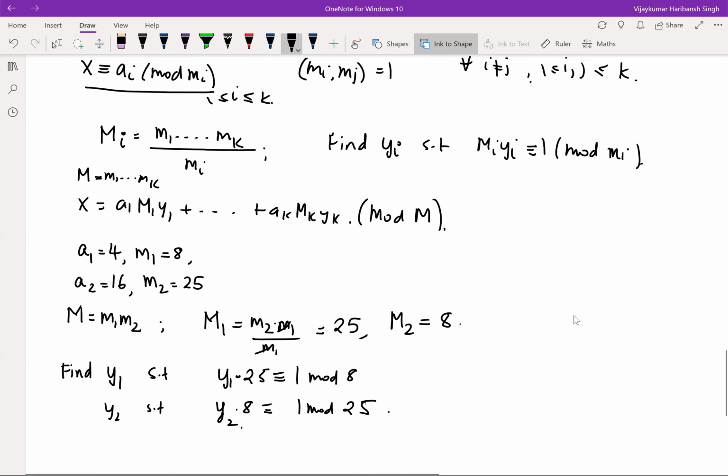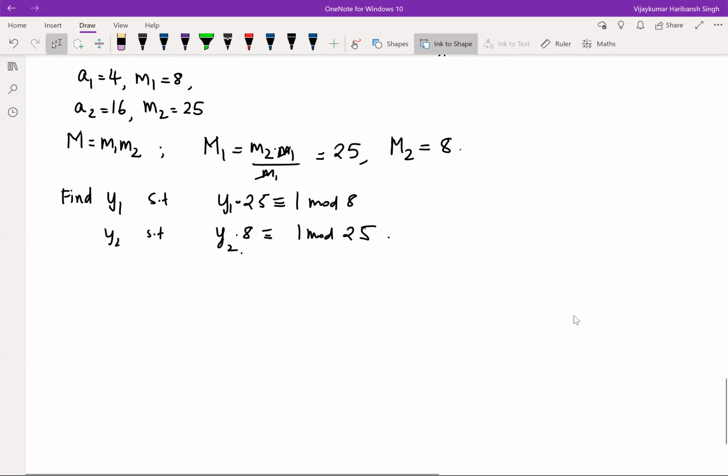This can be simplified further. This implies y1 times 25, and 25 mod 8 is basically 1, so we get y1 congruent to 1 mod 8. And what is y2? Mod 25, let's see.